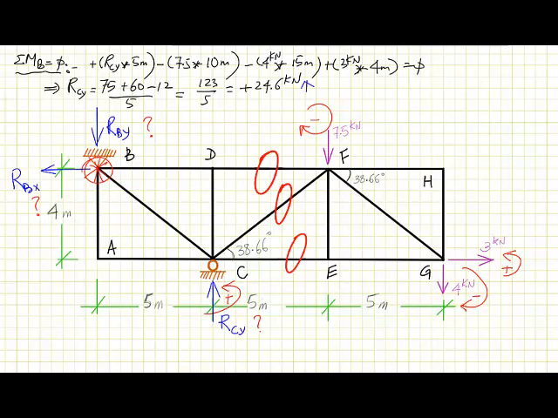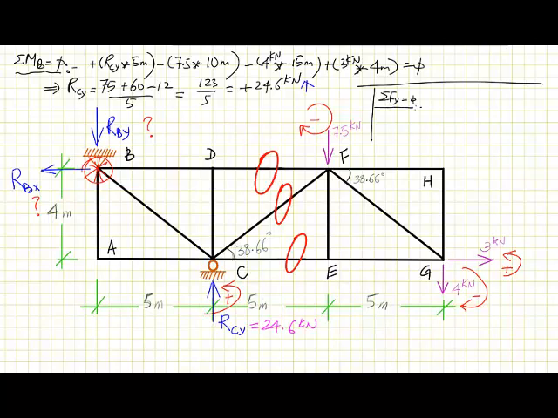So we get the value for this element. So this is now equal to 24.6 kilonewton. Now the same way we'll do the sum of all forces in y direction equal to 0.